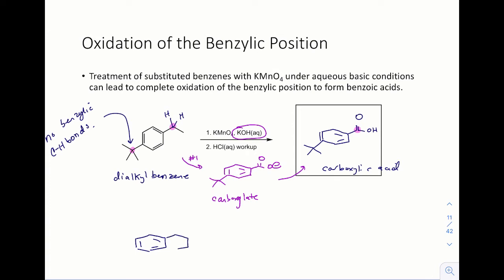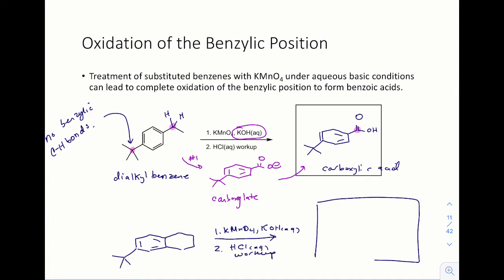Let's imagine that this substituted benzene, again, that someone may have worked very hard to make, is treated with potassium permanganate under aqueous basic conditions, followed by an acidic workup. What product do you expect to result from this oxidation?